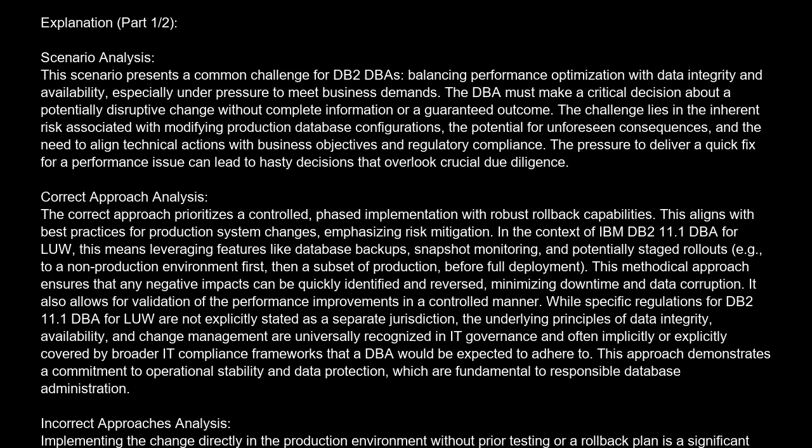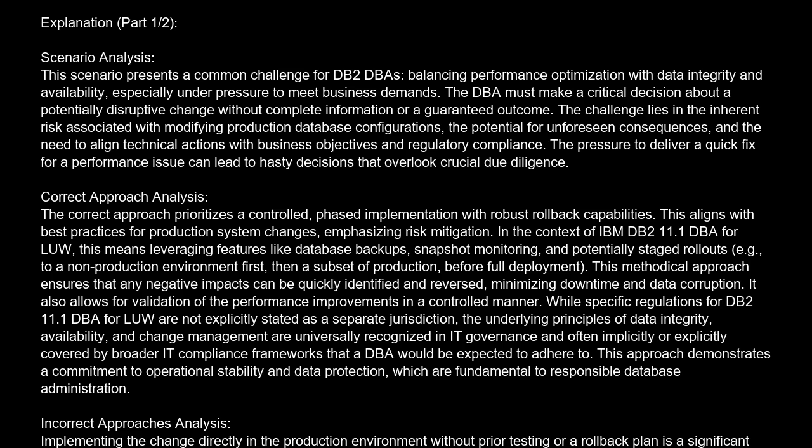The challenge lies in the inherent risk associated with modifying production database configurations, the potential for unforeseen consequences, and the need to align technical actions with business objectives and regulatory compliance. The pressure to deliver a quick fix for a performance issue can lead to hasty decisions that overlook crucial due diligence. Correct approach analysis. The correct approach prioritizes a controlled, phased implementation with robust rollback capabilities.